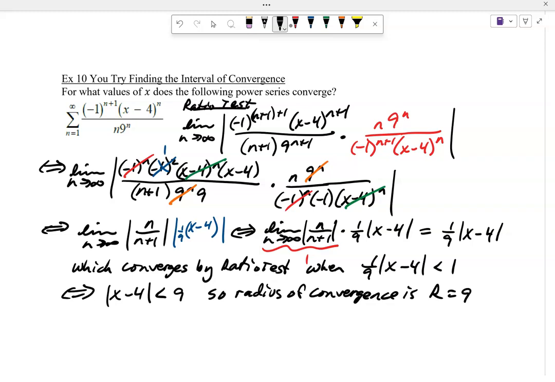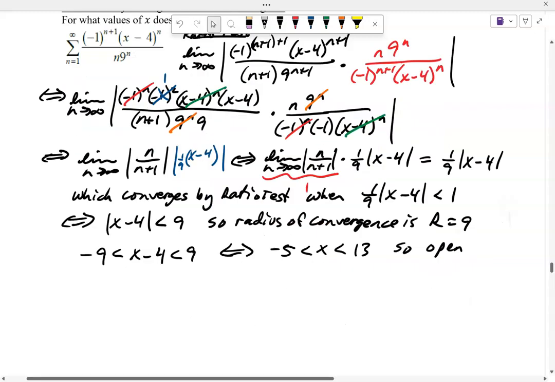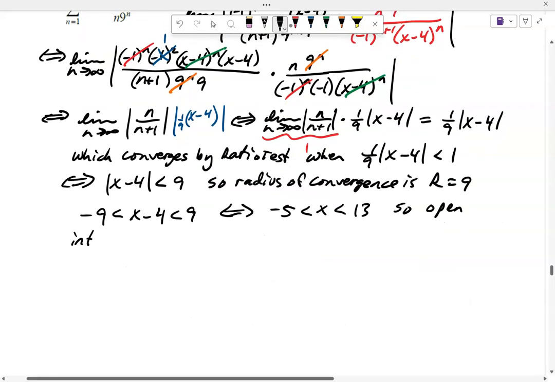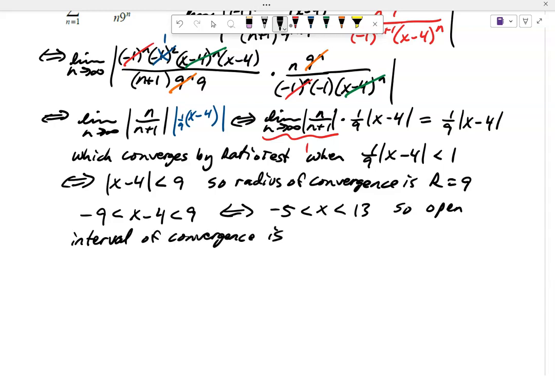And the open interval of convergence, centered at 4, is -5 to 13. We need to check endpoints as always.